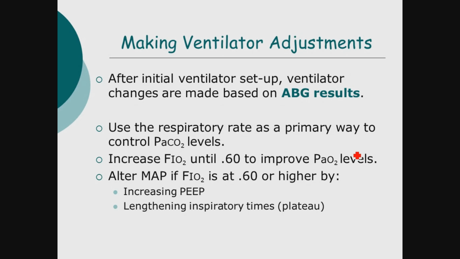So if somebody's hypercarbic, I'll go up on the rate to compensate for that. FiO2 is the primary way that we will improve oxygenation. Again, that's only true up to about 60%. After that point, you have a refractory situation. You have to look at either increasing PEEP or lengthening inspiratory times by using a plateau.